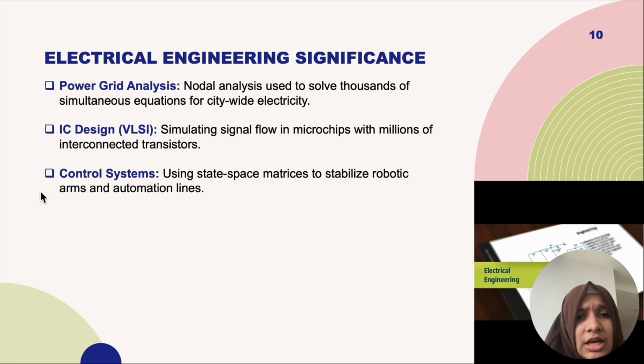To conclude, these systems are vital for large-scale engineering. Nodal analysis is used for city-wide power grid analysis, IC design for microchips with millions of transistors, and control systems to establish robotics.